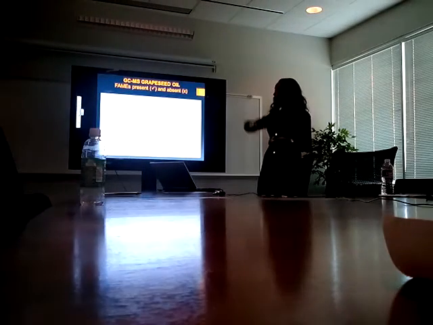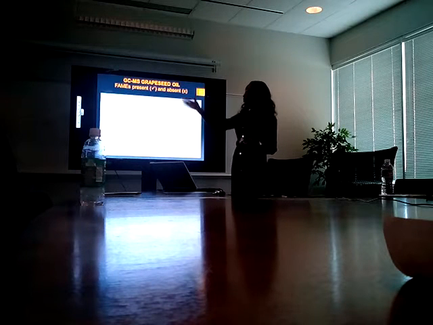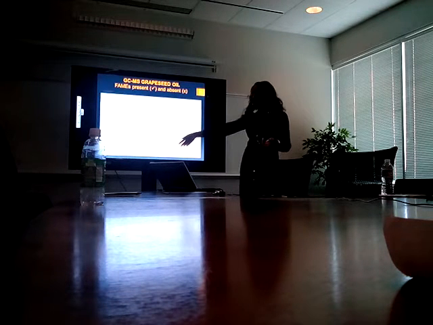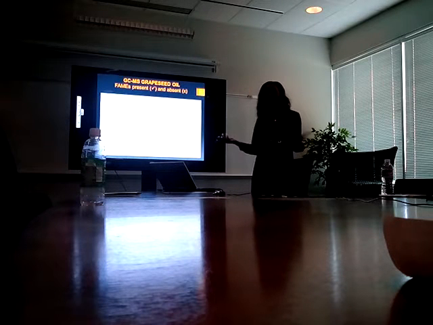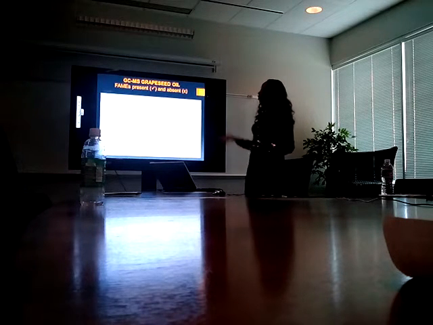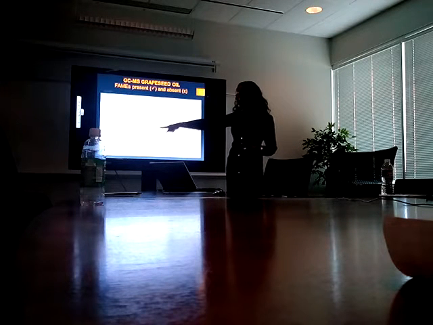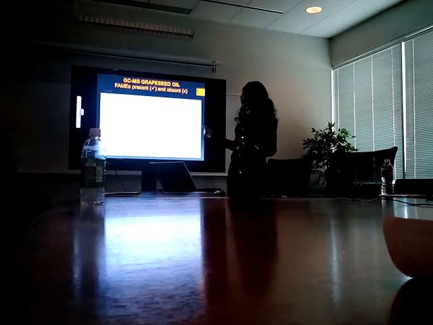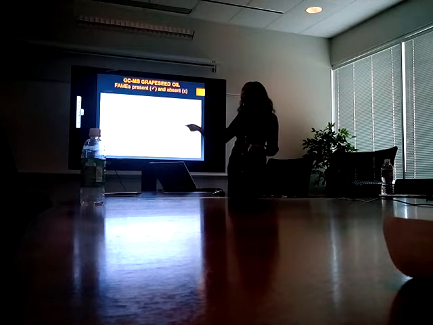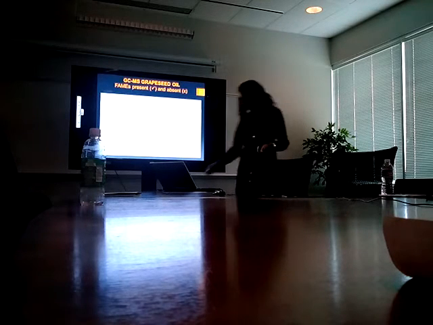So for the GCMS result of the grapeseed oil, just like I explained before, the peaks represent the fatty acid methyl esters. The C number is the number of carbons and the number of double bonds in each fatty acid methyl ester. So for the unexposed grapeseed oil, we have a total of 5 fatty acid methyl esters present in it. But after exposure, 3 new fatty acid methyl esters were produced as a result of this exposure.